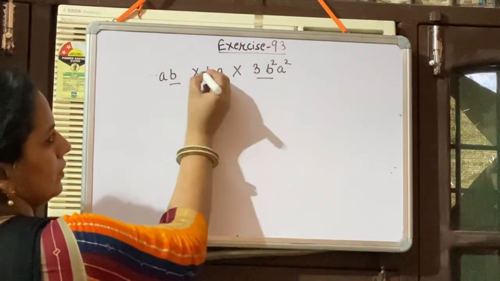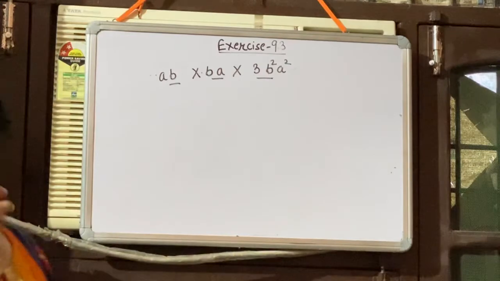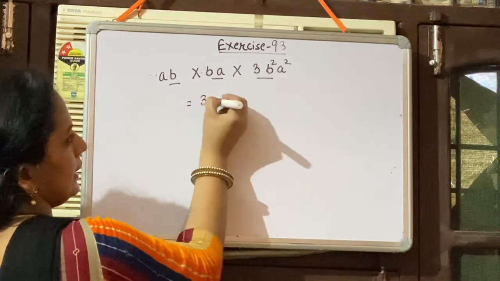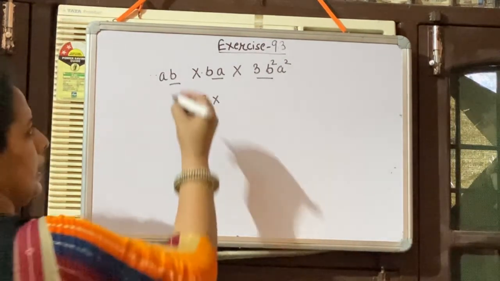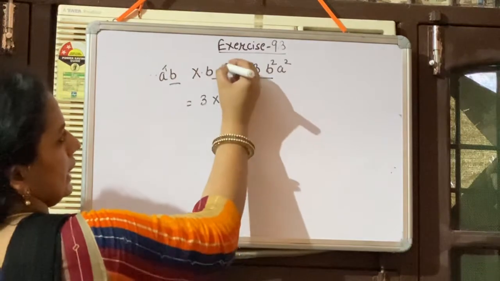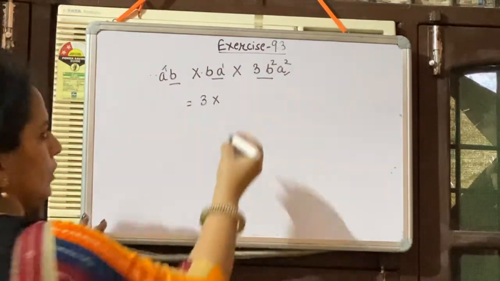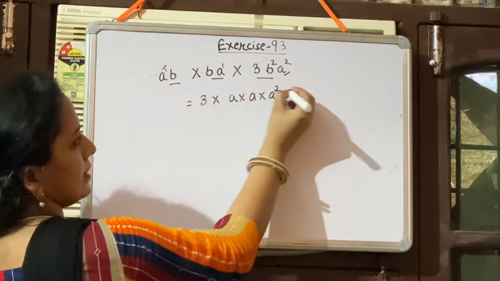Here we have no coefficient. That means we have just the constant 3, which we have to write in the first place. After that, when the base is the same, the powers must be added. A raised to power 1, A raised to power 1, and here we have A raised to power 2. First of all, just write the terms in which the base is the same.